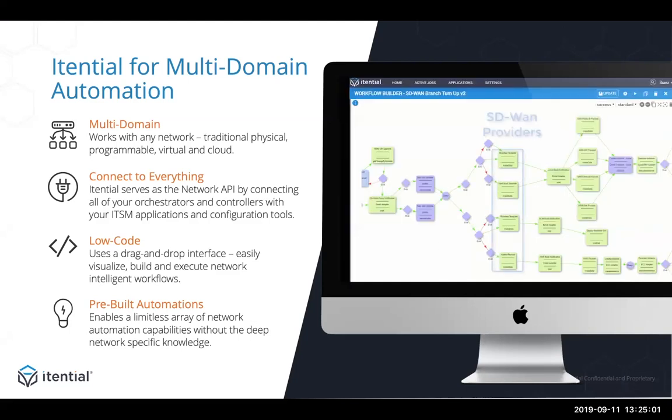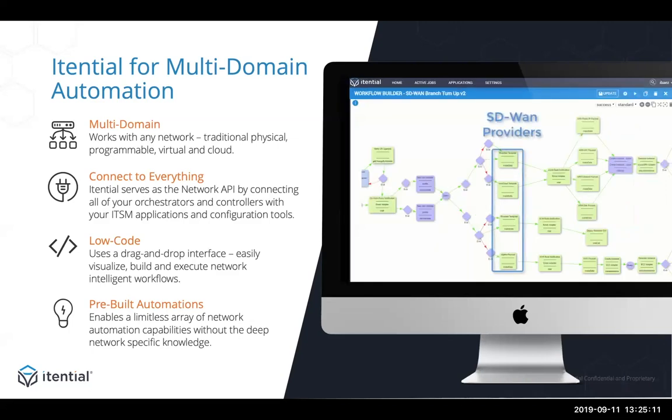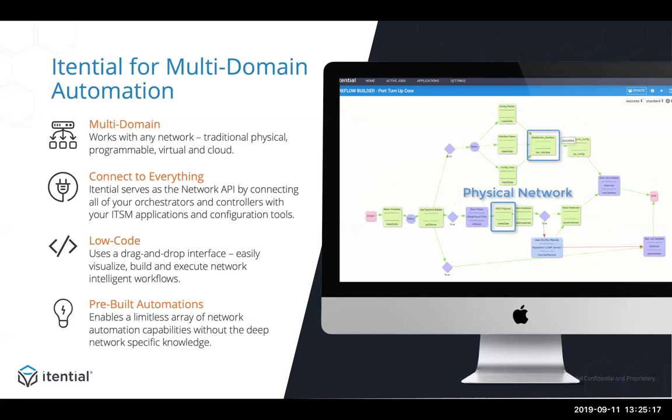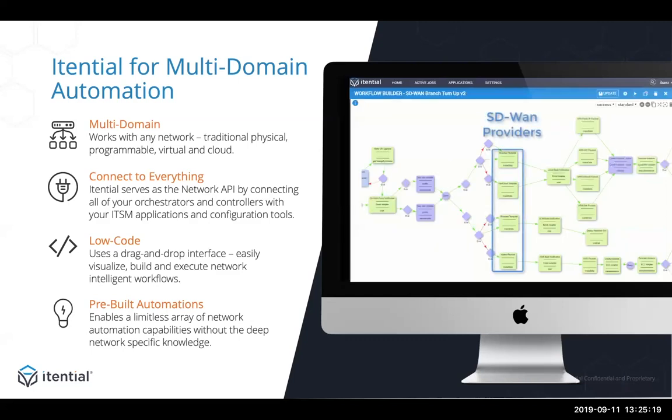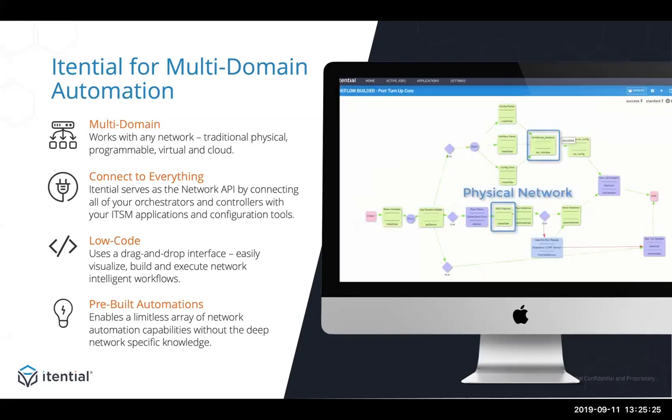So we talked about those different multi-domain concepts, something we spent a lot of time talking on. The second thing is really the connect to everything. So, we believe Itential has commoditized the interface to those networks. Any automation system you talk to is going to have a way to connect to other things.